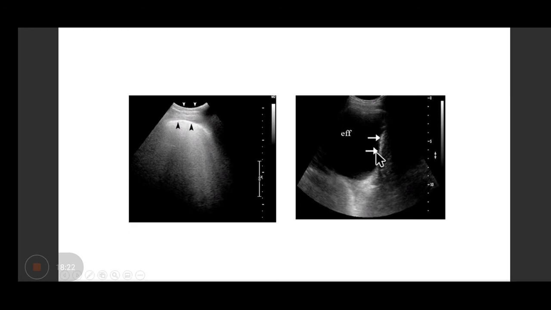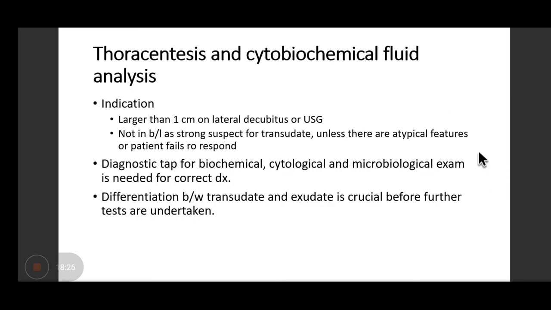Now, once you've established that there is pleural effusion, you will carry out thoracocentesis. And once you have the fluid, you'll send that fluid for cytobiochemical analysis. So what are the indications? These you can read. The tap can be done either for therapeutic purposes or for diagnostic purposes.